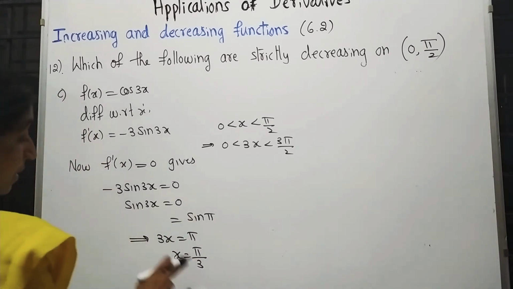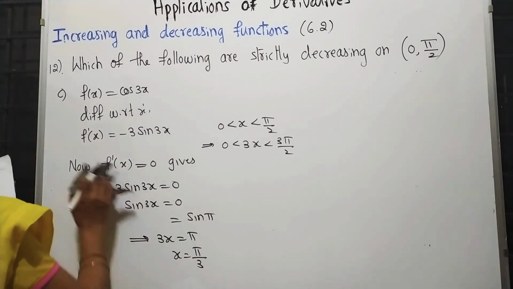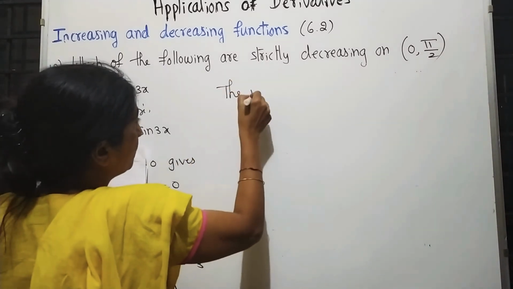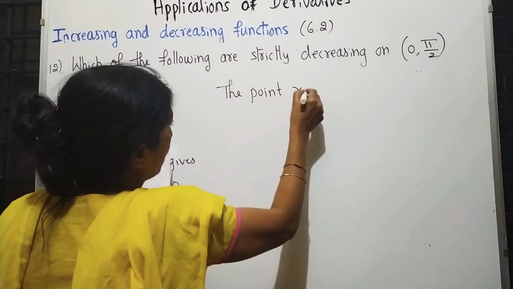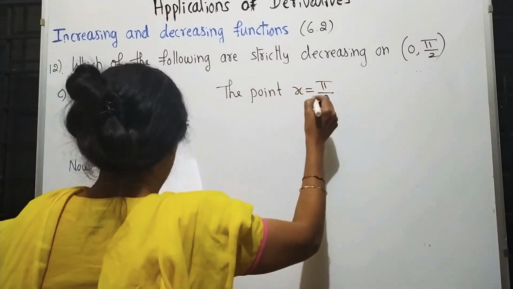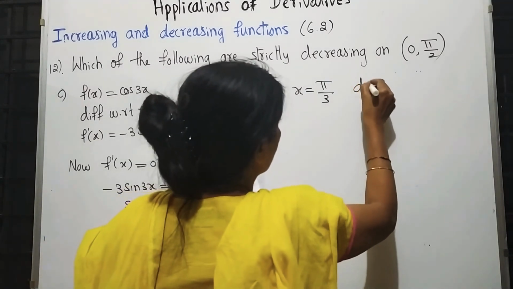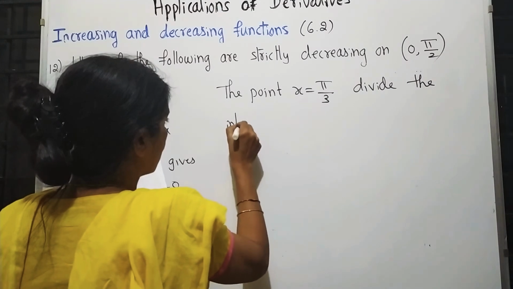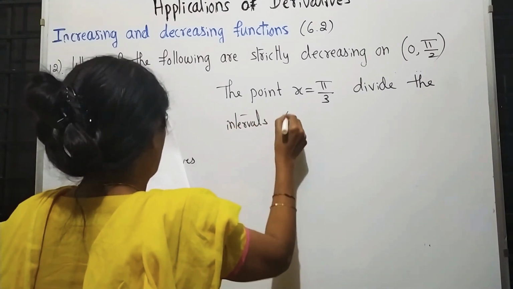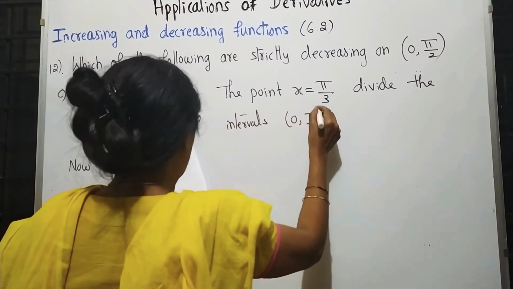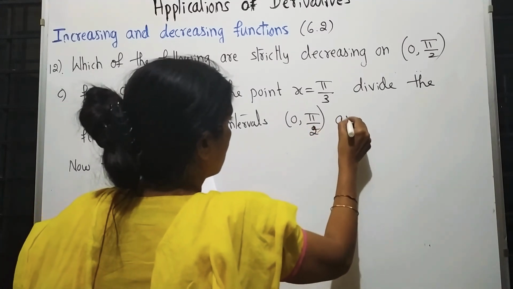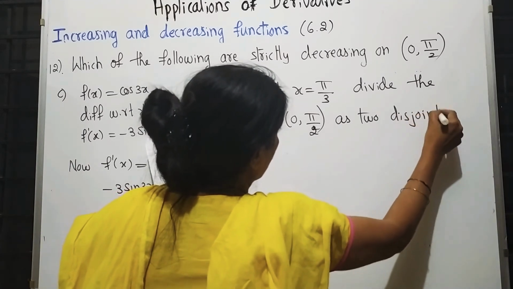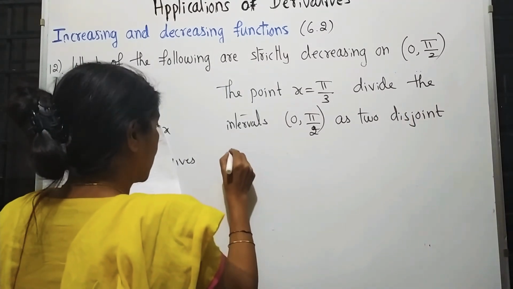Now the interval is divided into two parts, that is, here I am writing the point x is equal to pi by 3 divides the interval 0 comma pi by 2 as two disjoint intervals.